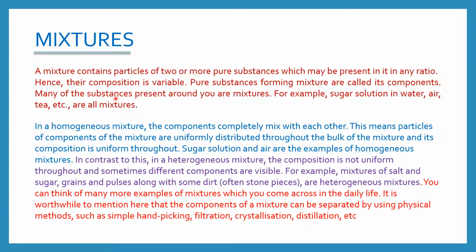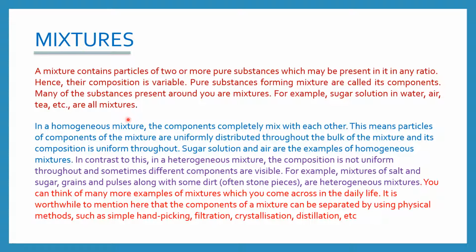So many of the substances present around you are mixtures. ज़्यादा substances जो हमारे आसपास हम देखते हैं वो ज़्यादातर mixtures होते हैं. और अगर हम इसके एग्जांपल्स की बात करें तो sugar solution in water, air, tea, etc. are all mixtures.